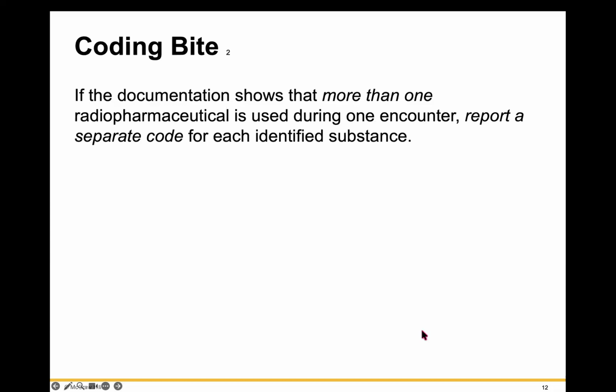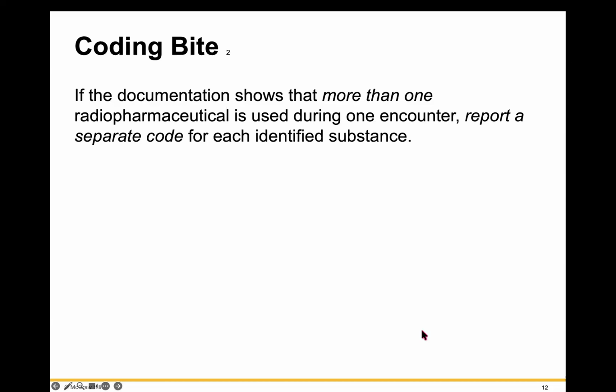Here's your key takeaway. If the documentation shows that more than one radiopharmaceutical is used during one encounter, you need to report a separate code for each identified substance. Why do you think it's important to code each radiopharmaceutical separately? How might missing ones impact the patient's record or billing? This is a detail that's often easy to overlook, but it makes a big difference in coding accuracy and compliance.